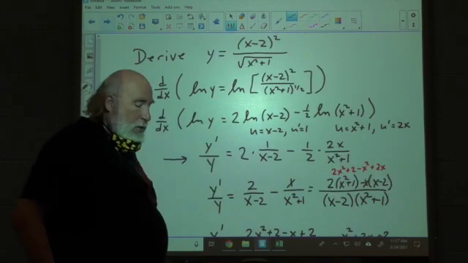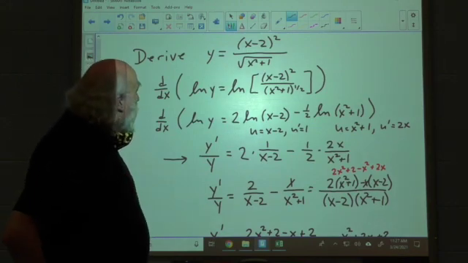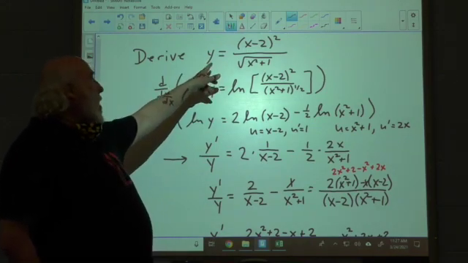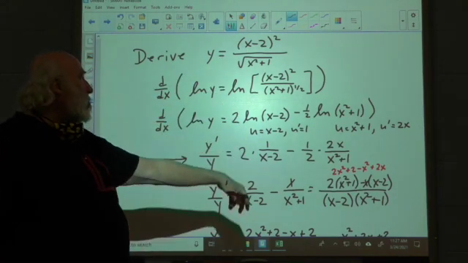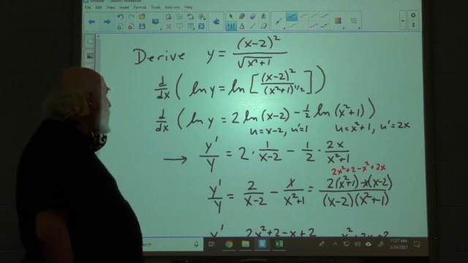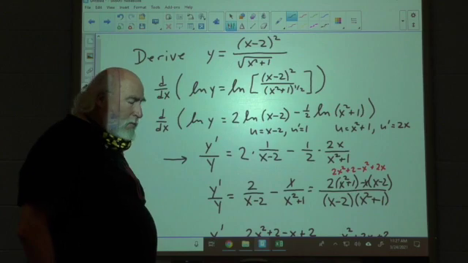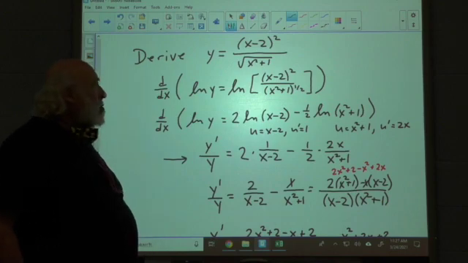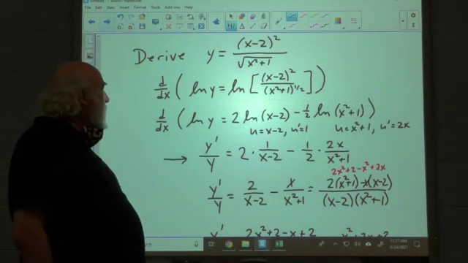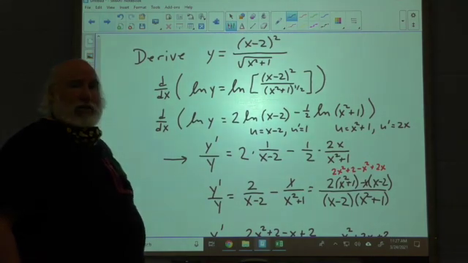Here's the one I'm talking about. We're asked to differentiate the equation y equals (x minus 2) squared over the square root of x squared plus 1. And the way to simplify this nasty little problem is by taking the natural log of both sides.